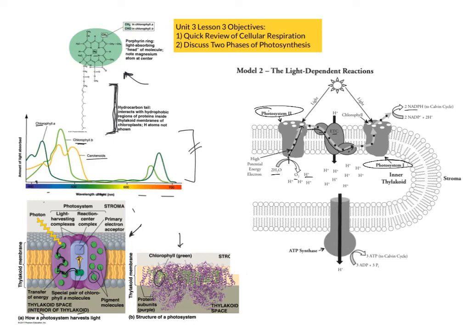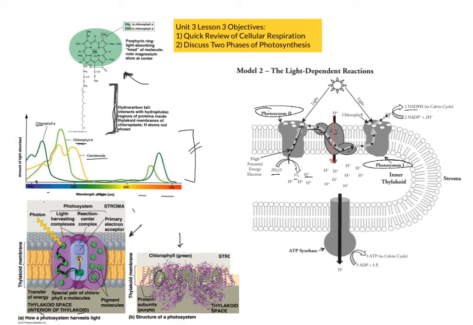Now, this is the part that will likely be familiar. As those electrons move through the electron transport chain, that energy is used to pump hydrogen ions across their concentration gradient, in this case from the stroma into the thylakoid, like we see right here.